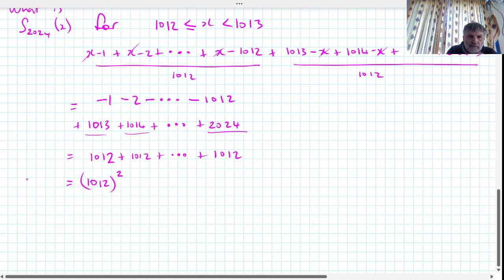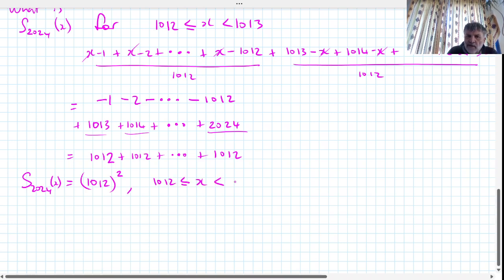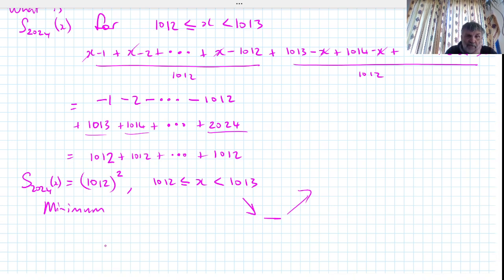And yeah, so this is S of 2024 x, provided 1012 is less than or equal to x is less than 1013. Well, you could put equals on there as well. And this is the minimum, because to the right we're going up, positive gradients. To the left we're coming down, negative gradients. In the middle here we've got a 0 gradient for all of the points between these. So this is a minimum.